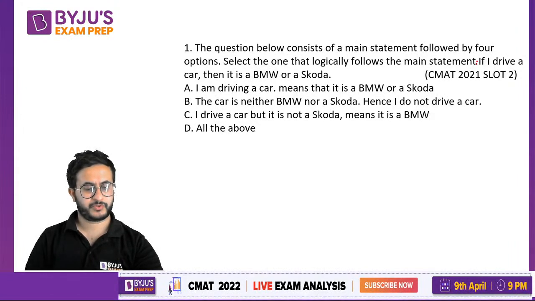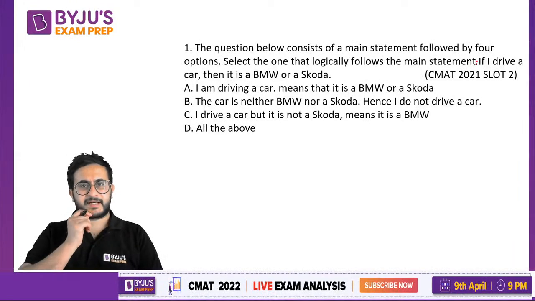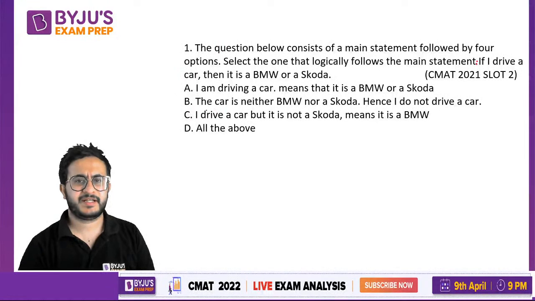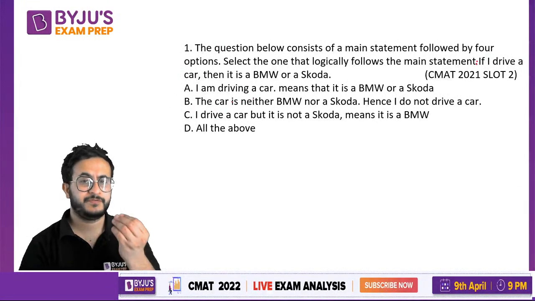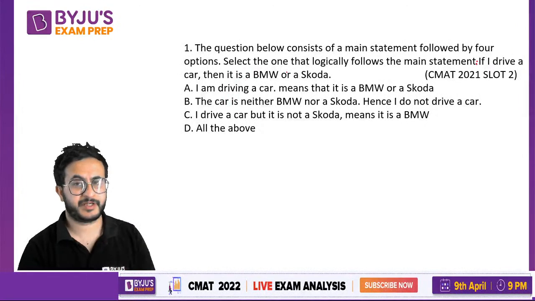What can we conclude from this? If the person is driving a car, that has to be BMW or Skoda, right? So let us look at option A. It says that I am driving a car. If he is driving a car, then there are only two choices. Either it will be BMW or it will be a Skoda, right? So that is true.